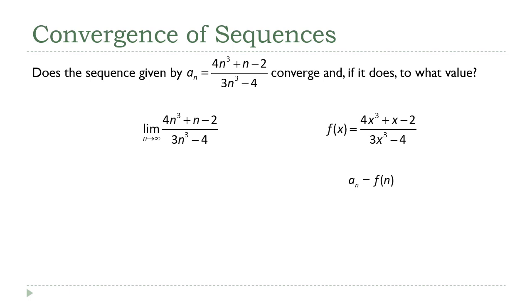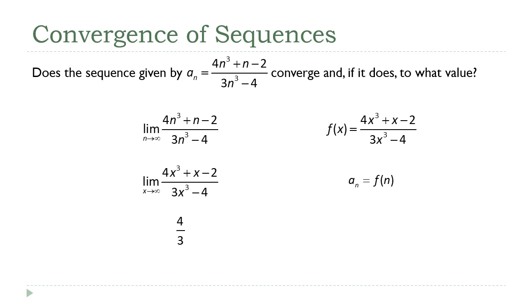That's one of the theorems we talked about in the lecture. It says that because I could create this function, this limit is equal to the limit as x goes to infinity of 4x cubed plus x minus 2 over 3x cubed minus 4. And this is something that we know how to evaluate.